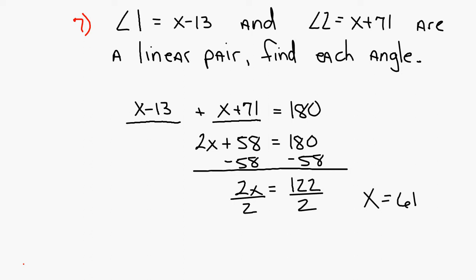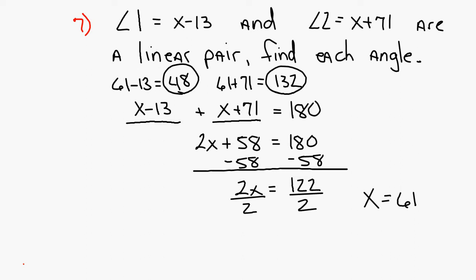Find each angle. So up here, you got to go 61 minus 13. There's your first angle, 48. So 48 is one of the angles. And then 61 plus 71 is the other angle. So those are your two angles.